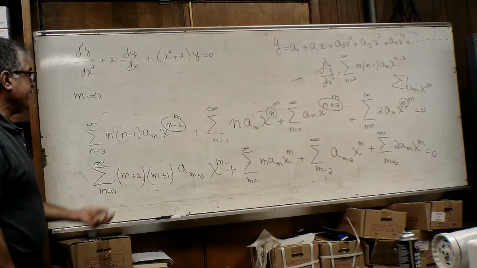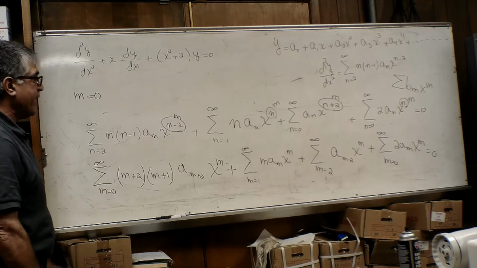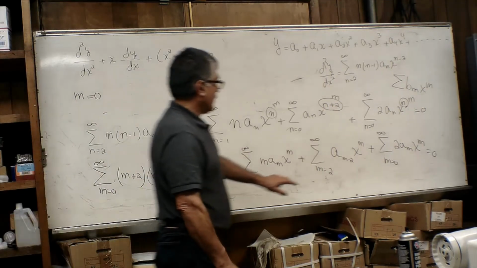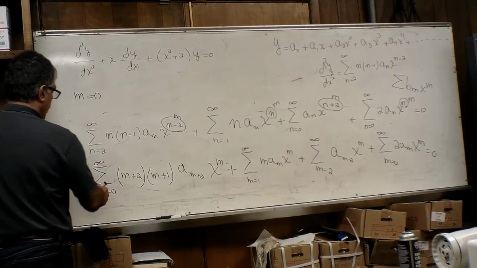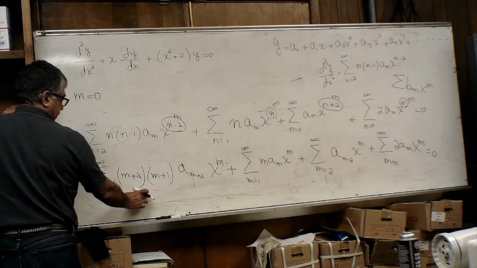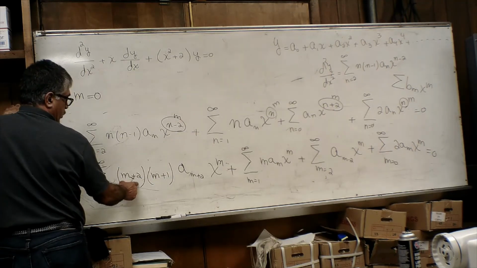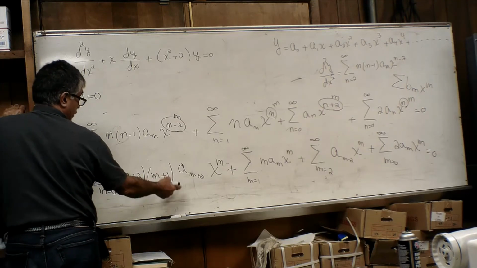By looking at these, we will see that the only summations where n can be 0 are the first summation and the last summation. So if we plug 0 into these two summations, we are going to have 0 plus 2, which is 2, multiplied by 0 plus 1, which is 1.